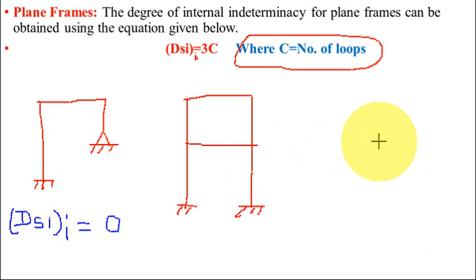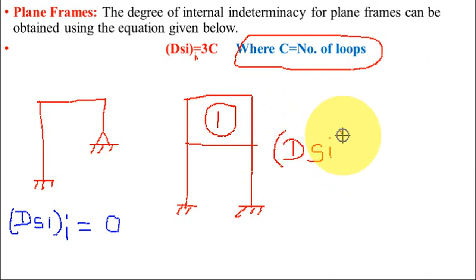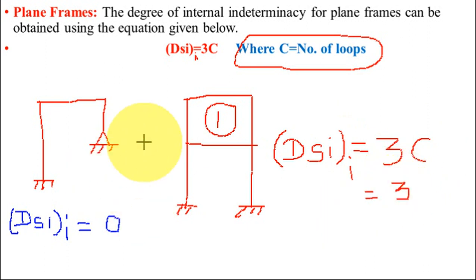Now in this frame there is one loop, so this is the loop, and hence the degree of static indeterminacy for this frame, remember we are talking about internal degree of indeterminacy, is equal to 3 times the number of loops, that is C. Since there is only one loop, degree of static indeterminacy internal is equal to 3. So this particular frame has degree of static indeterminacy equal to 3.